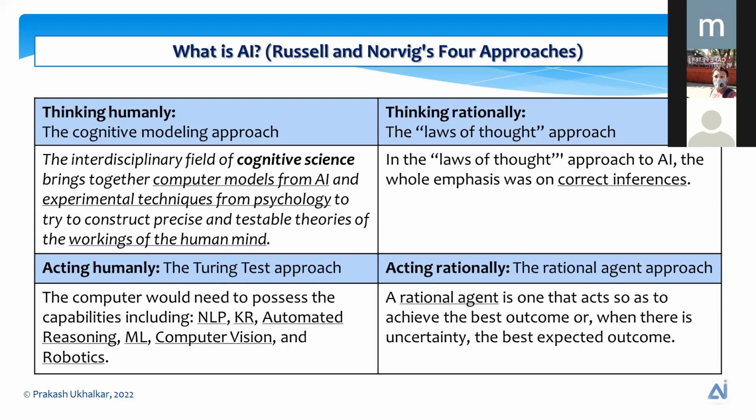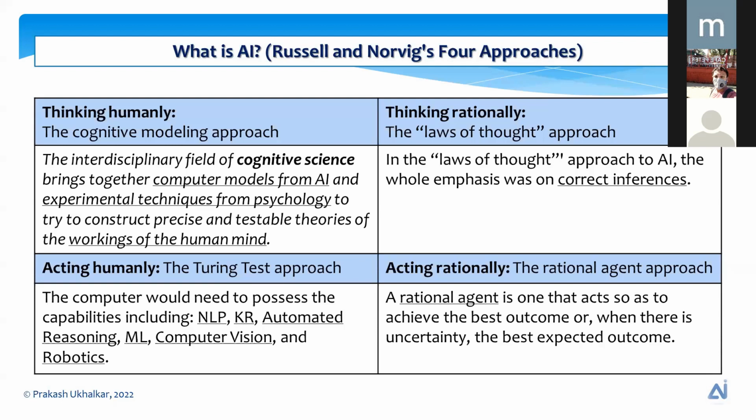For this Turing test to work, it basically requires some other capabilities, so that if you want to check whether the machine is as intelligent as a human or not, you would need these technologies. Natural language processing, to enable it to communicate successfully in English or maybe some other language.